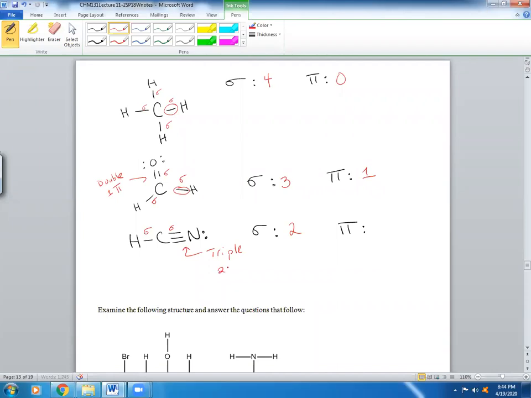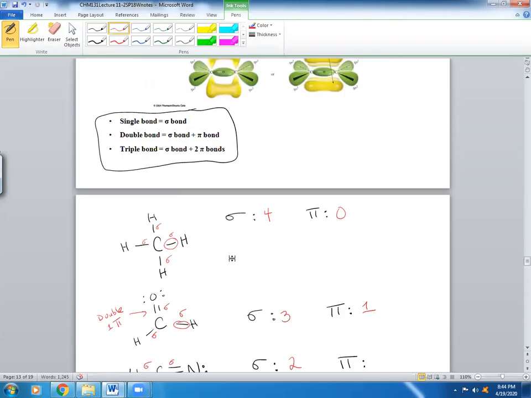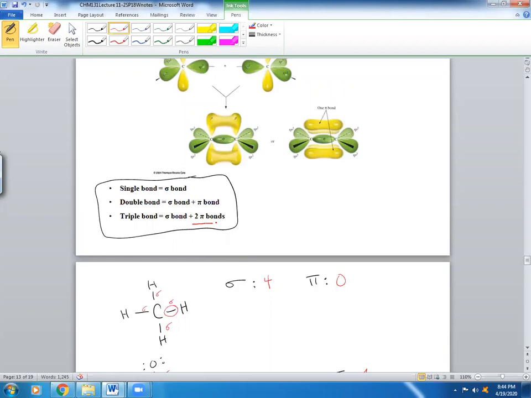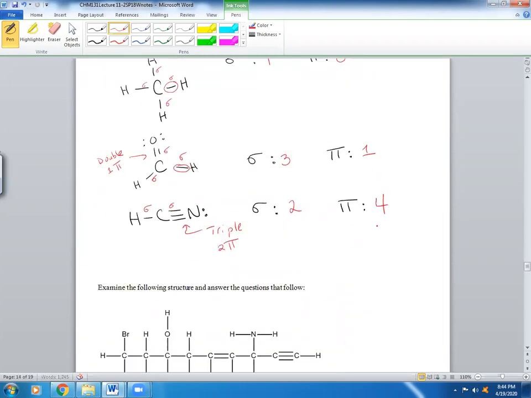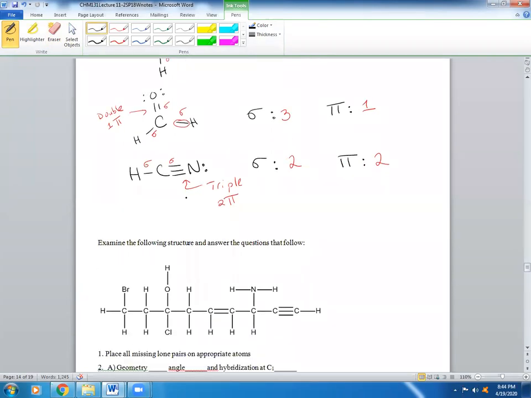Remember, a triple has 2 pi bonds in it. So therefore I have 4 total, of course, but 2 pi and 2 sigma. Very well. That is it, really. Be able to just draw the structure and go with that step.